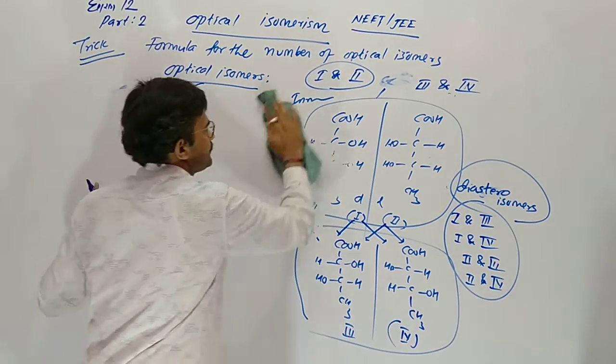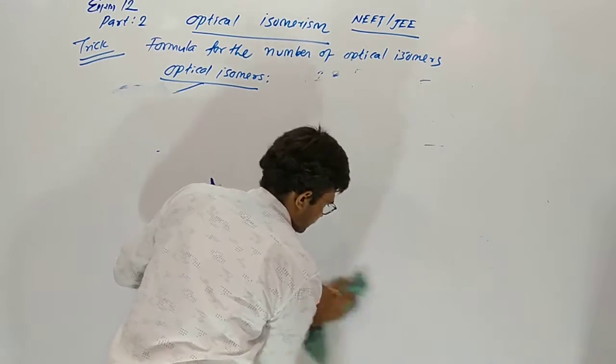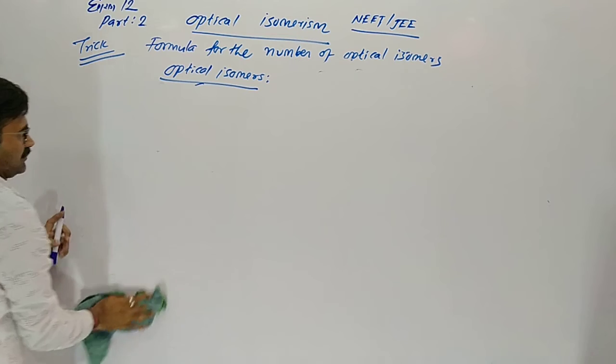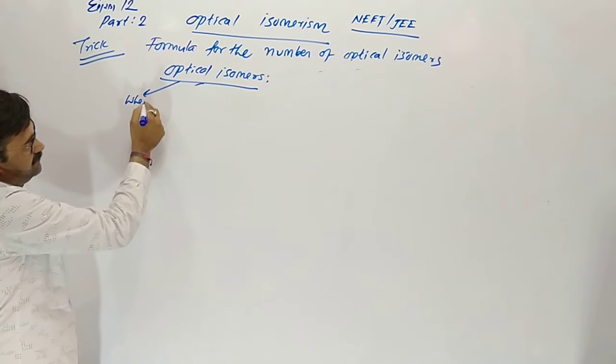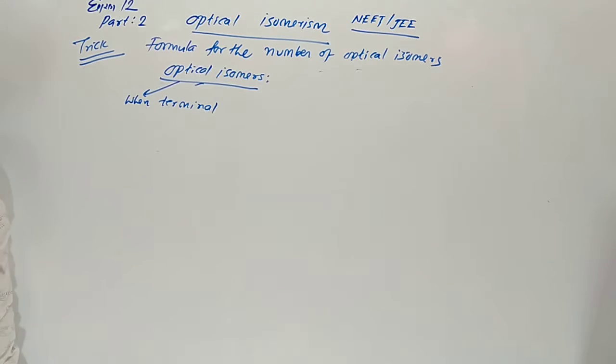Now, optical isomers when terminal groups are the same. The most upper part and most lower part, which are called terminals, are the same.